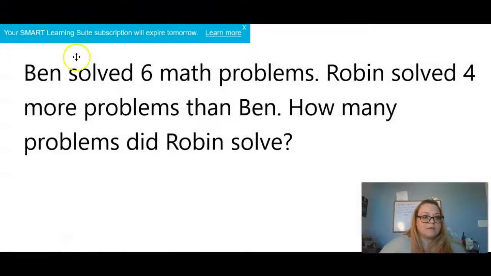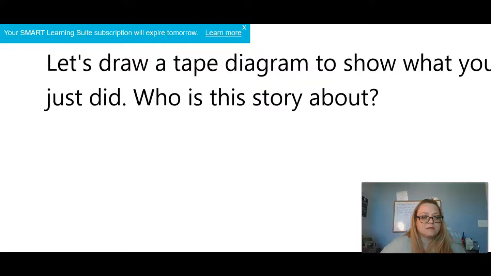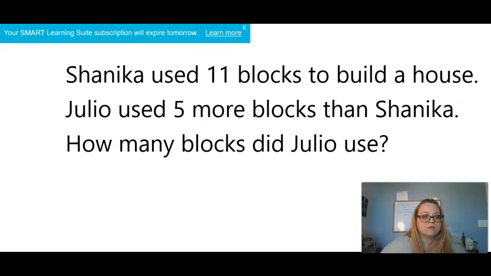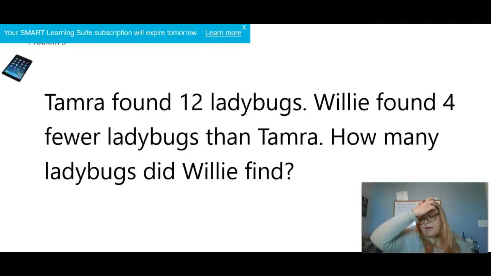Let me make myself small so you guys can see. Oh, too far. All right, here we go. Tamara found 12 ladybugs. How many ladybugs did Tamara find? 12. Willie found 4 fewer ladybugs than Tamara.